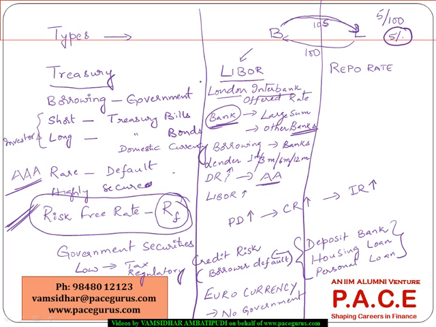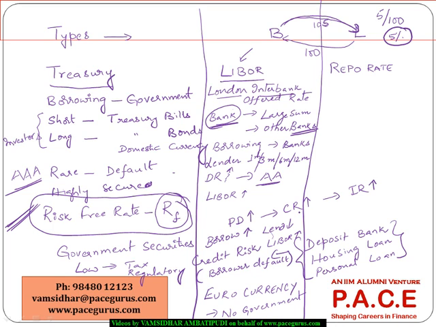And what we see is that the rates are market determined. If the borrowings of a particular currency are more and the lendings are comparatively lesser, for example borrowing of the US dollar is more than the lending of US dollars, then the Libor will increase.